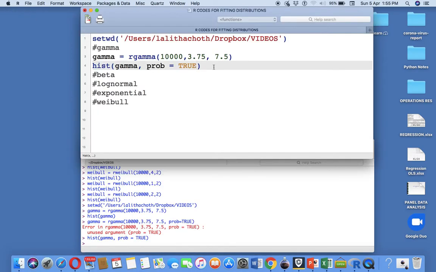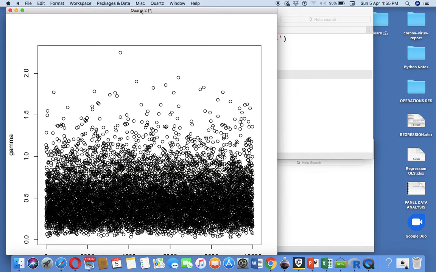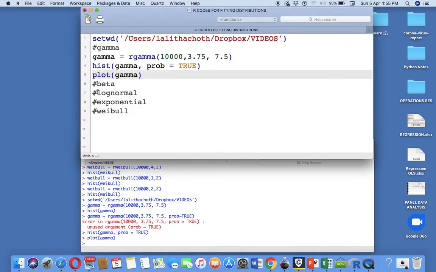Then we can get the density, which is a smooth curve, with the command plot, density, open a bracket, and close the bracket.